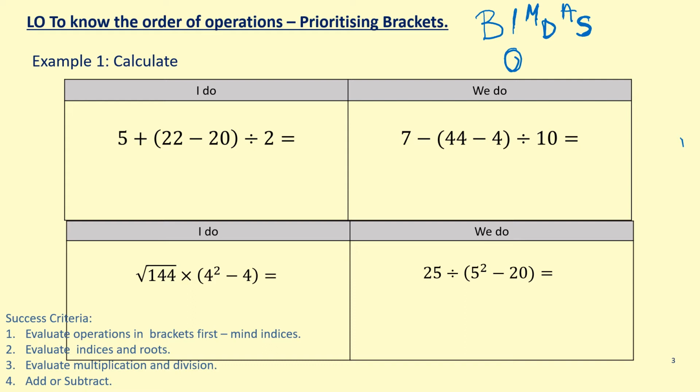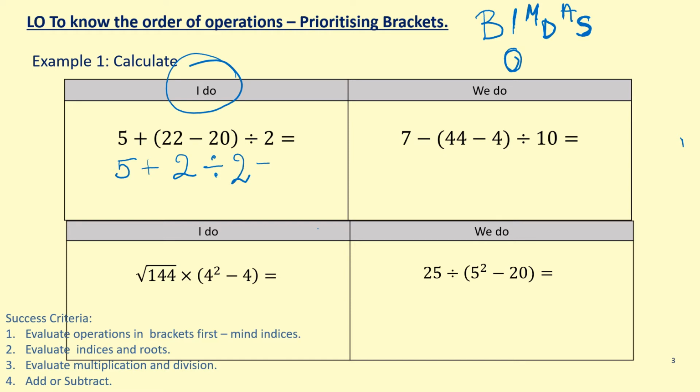Okay, so let's have a look at a few examples. Right, so first I do 5 plus, and I can see I've got a bracket, so that's what I have to do first. 22 minus 20 is 2. So I've got 5 plus 2 divided by 2.